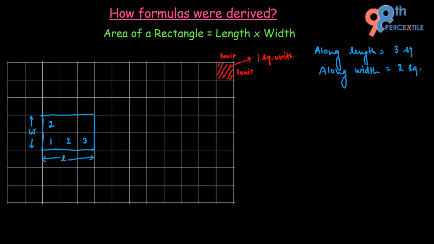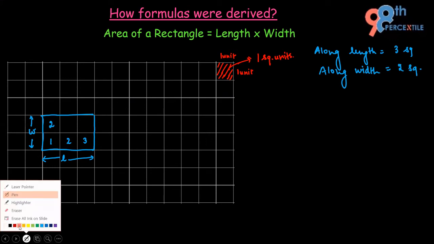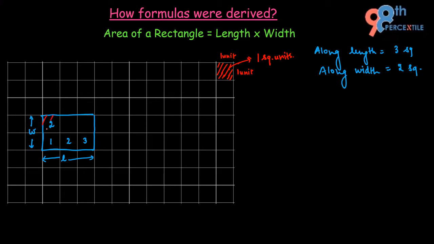Now if I had to find the total area of this rectangle, that would be this portion. And we just saw that the area of 1 square is 1 square unit, so we can simply count how many squares there are in this rectangle. If 3 squares are along the length and 2 squares are along the width, how many total squares are there?